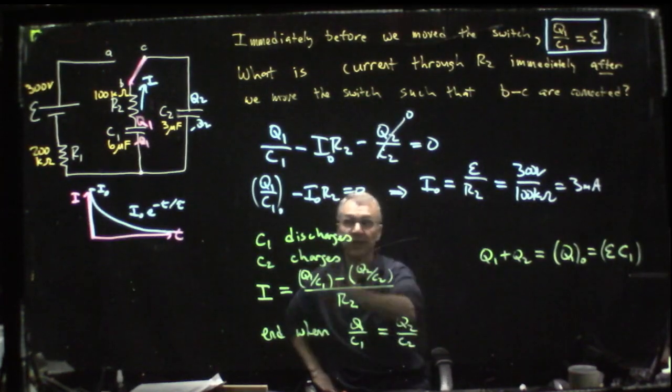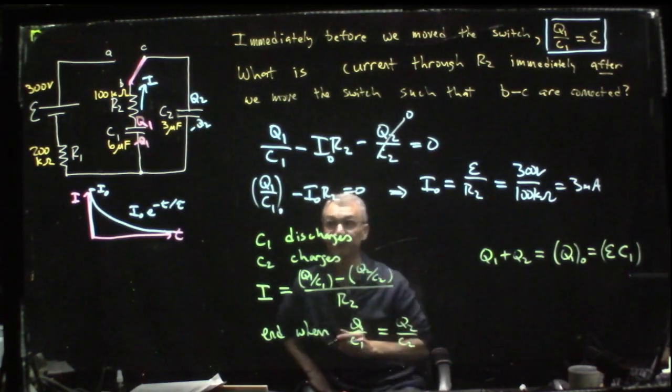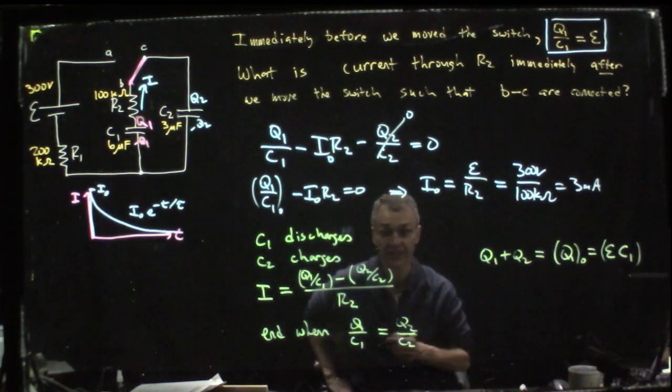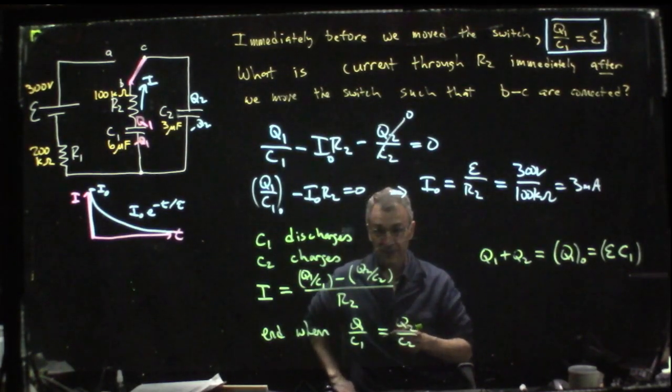So I actually wrote out a solution to a problem just like this, a video or so ago. That was where I said, oh, it would be fun if we replaced the switch with a resistor. So now this problem actually has that, except it doesn't ask you to work out the consequences.